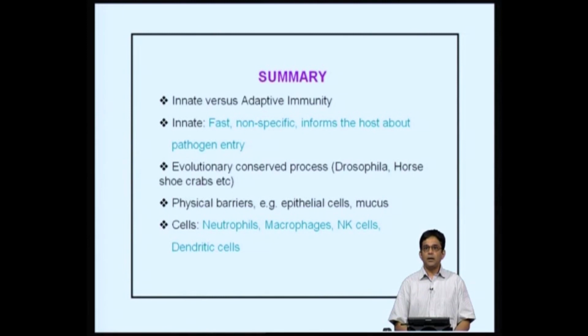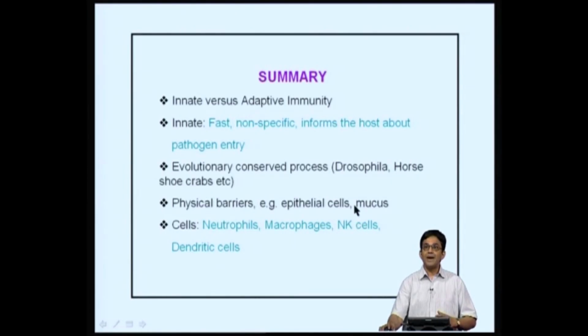For example, the identification of toll receptors was shown in Drosophila, and the measurement of lipopolysaccharide, which is a potent endotoxin, is done using lysates from the horseshoe crab. We also talked about physical barriers that are important in innate immunity, for example, epithelial cells, mucus.